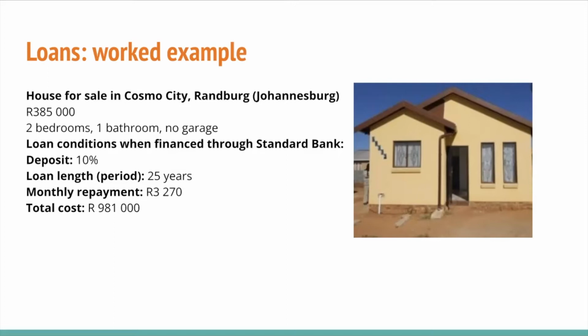On a home loan, there's an option of 10, 15, 20, 25, and 30. I remember when my mother bought her house in 1989, her period was 30 years, but she paid it off before that. For this house that we have, the loan period, I think, is 20 years.